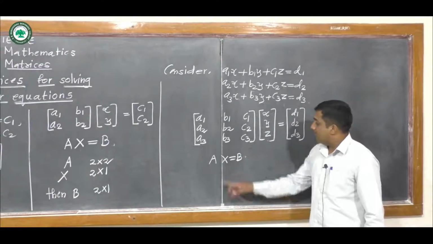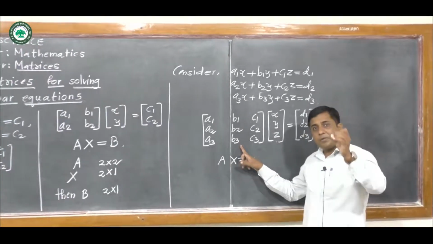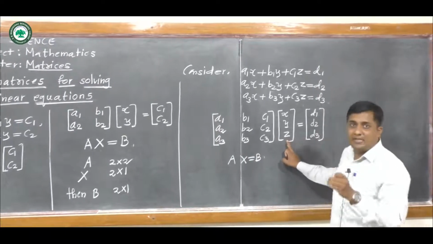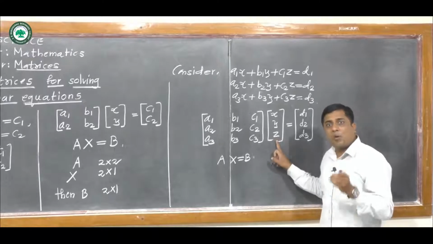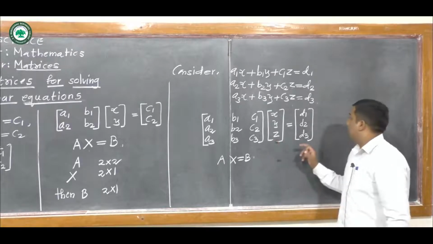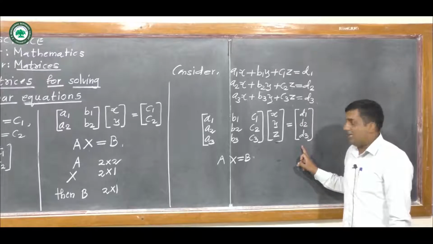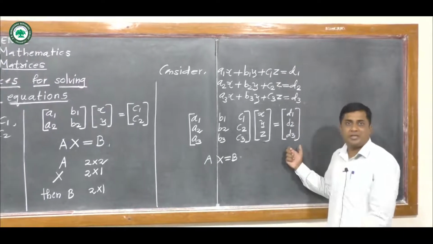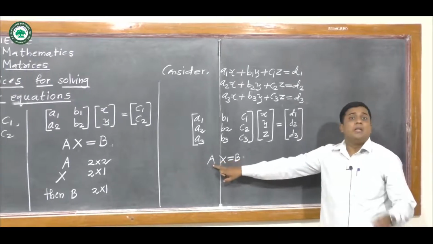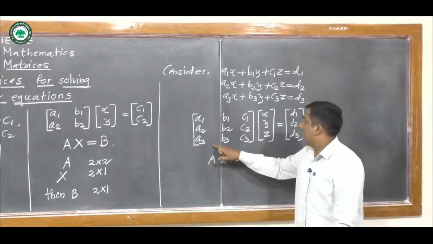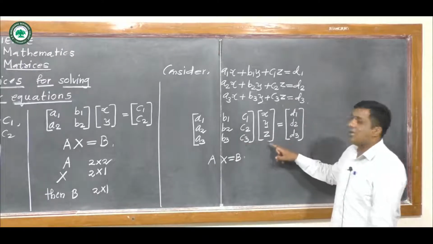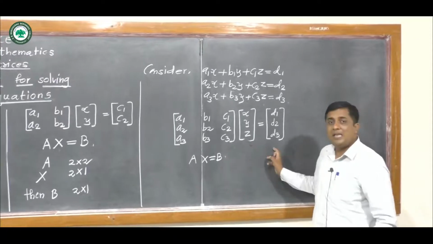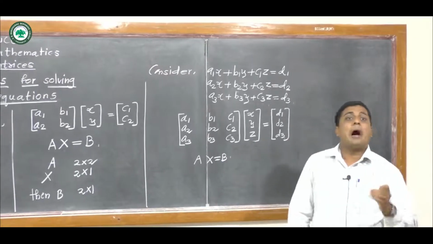Again remember, A is the matrix of the coefficients of the variables, X is the column matrix of the variables x, y and z, and B is the column matrix of constants. If A is the matrix having order 3 by 3 and X is the column matrix having order 3 by 1, then B is the matrix having order 3 by 1.